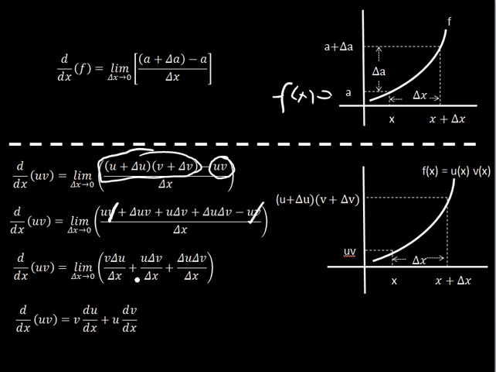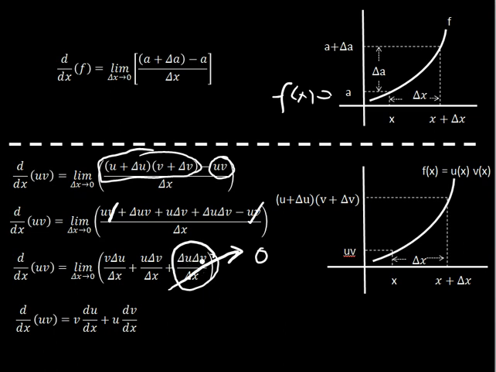Now we'll split these up into three pieces, and we'll see that we end up with v delta u, u delta v, and delta u delta v, each of those over delta x. Thing to note here is this last term. This is going to approach 0 because the numerator is two very small numbers being multiplied together.